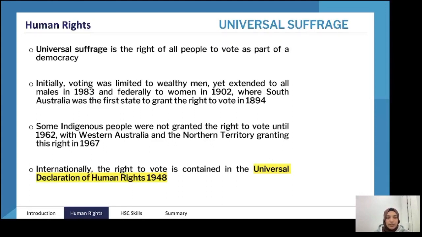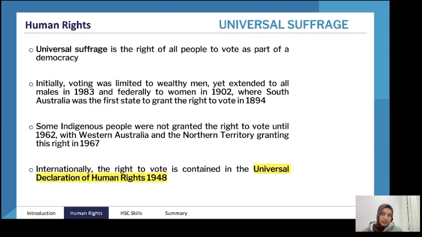So initially voting was only limited to wealthy men and then extended to all males in 1893 and federally to women in 1902, where South Australia was the first state to grant the right to vote in 1894. So you can see that there is a little bit of a change in that.